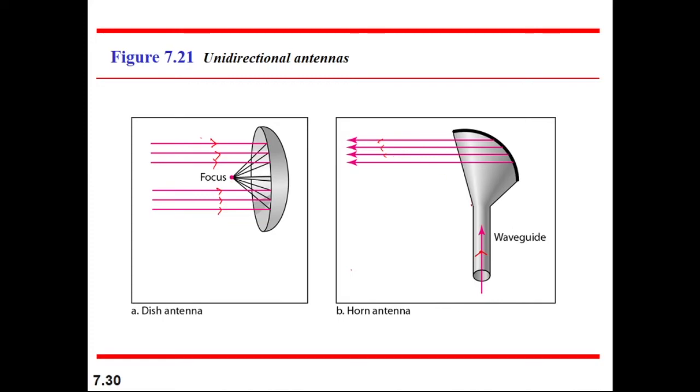When the signal is reflected here, it is deflected outwards, and there is a series of narrow parallel beams, in a single direction. So this is the horn antenna. It is a unidirectional antenna. Examples of unidirectional antennas are the dish antenna and the horn antenna, which we can use for microwave communications.